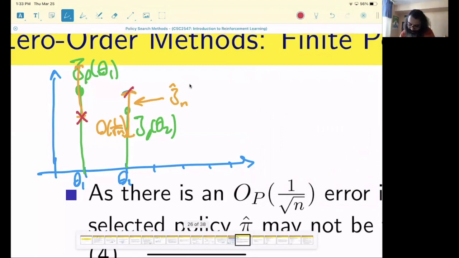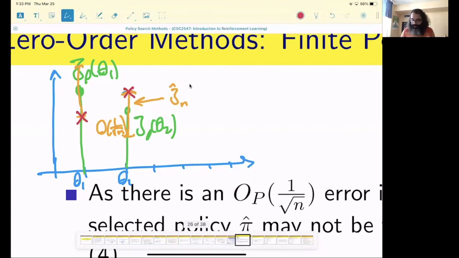And for theta 2, we have the top of it. So what might happen is that we choose theta 2 instead of theta 1, which is going to be a suboptimal choice. So I think this part is clear.